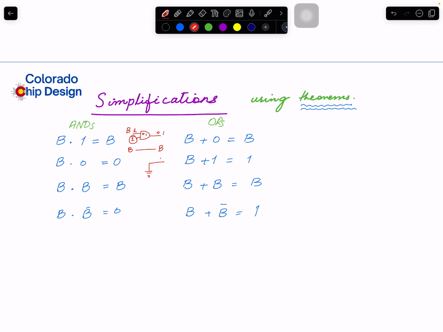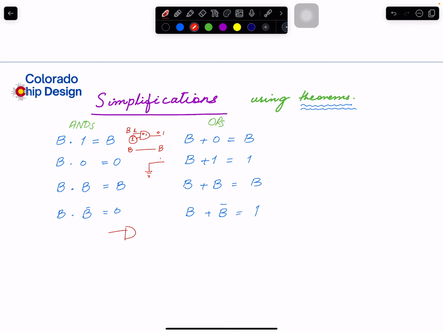So techniques like these, you can really use to simplify circuits. Okay, B with B, you are wasting an AND gate. If you have B AND with the inverse of B, you can also say that will always be 0, because if this is 1, the other will be 0. If this is 0, this is 1. Let me draw this. I don't want to confuse you.